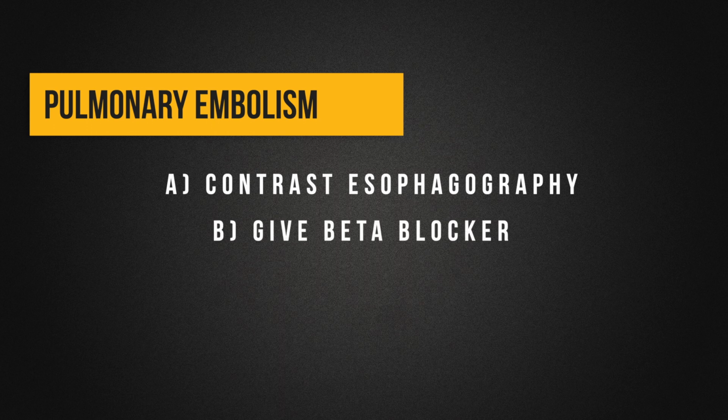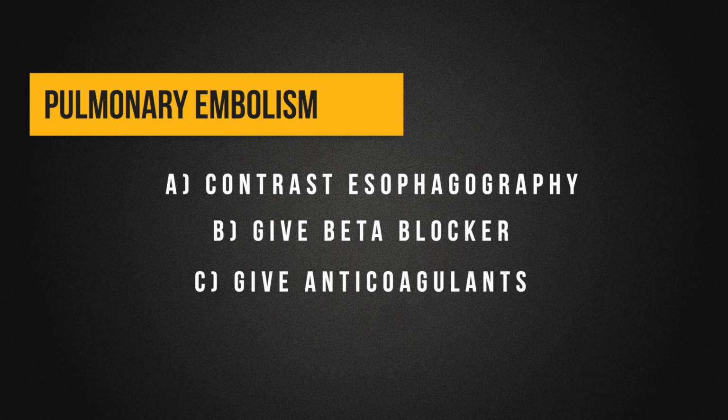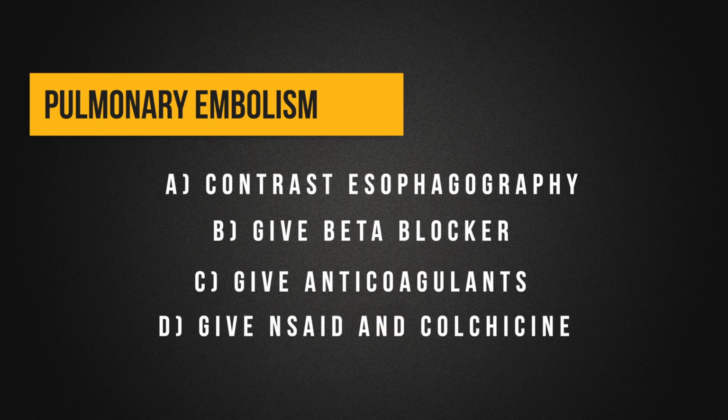B is give beta blockers, which would be a management for aortic dissection. C would be give anticoagulants, which is the management for high probability pulmonary embolism without any contraindications for anticoagulation. And D would be give NSAIDs and colchicine, which is for acute pericarditis.